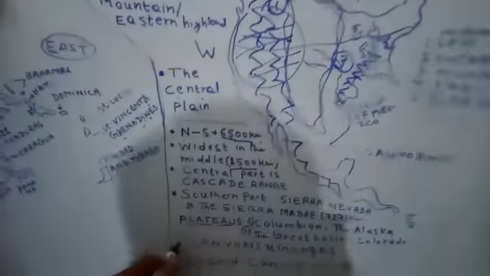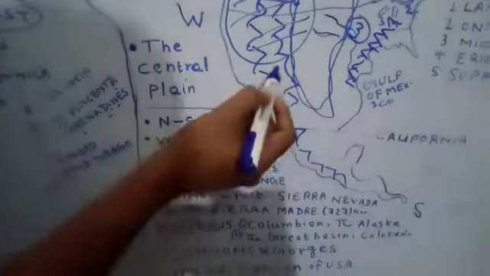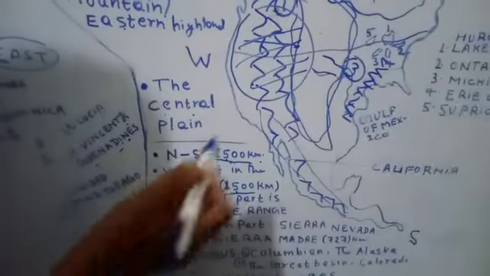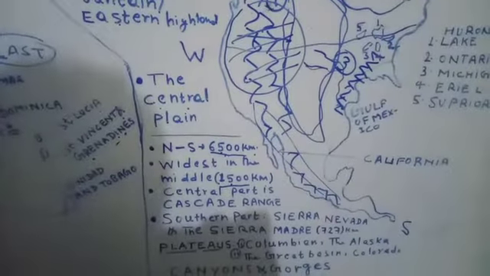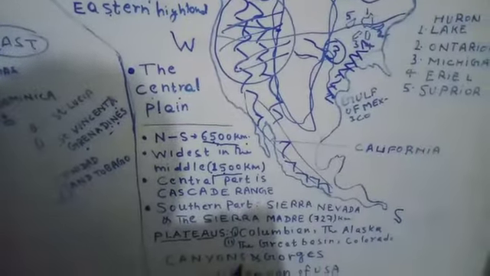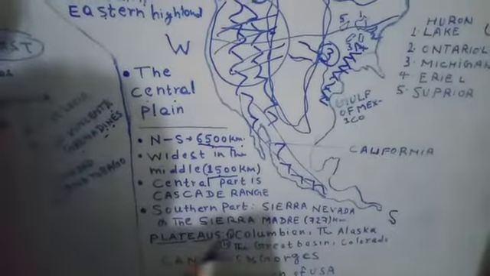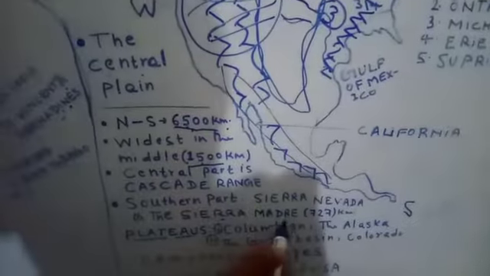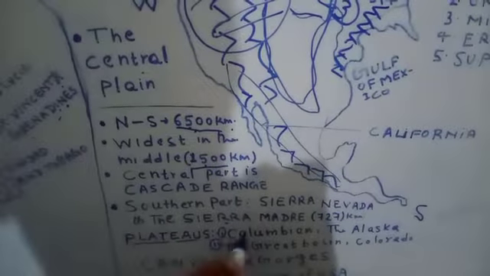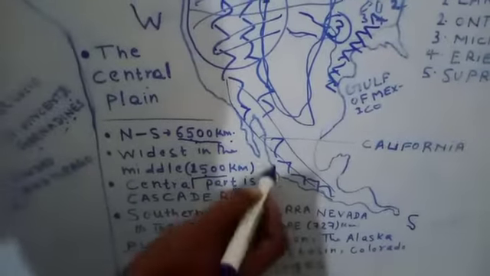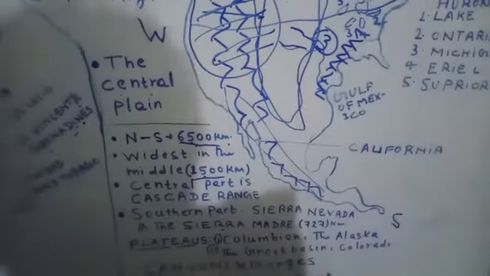Cascade Range. And the southern part of this mountain is contributed by two mountain ranges called Sierra Nevada and Sierra Madre. These are situated in the southern part.